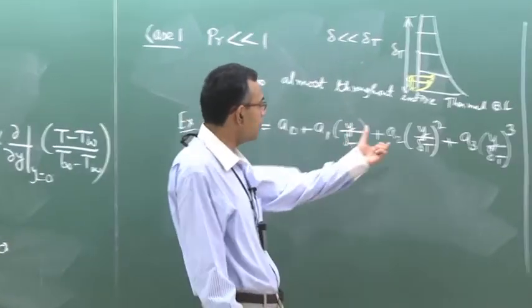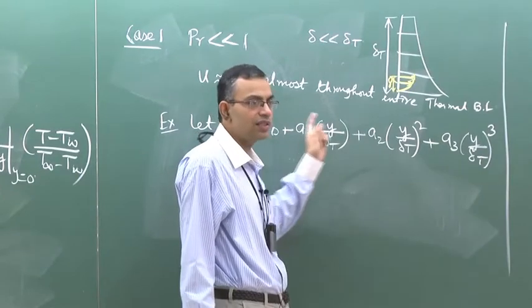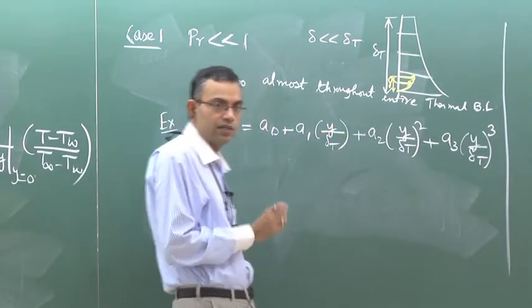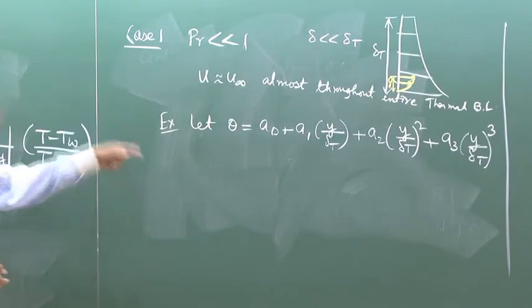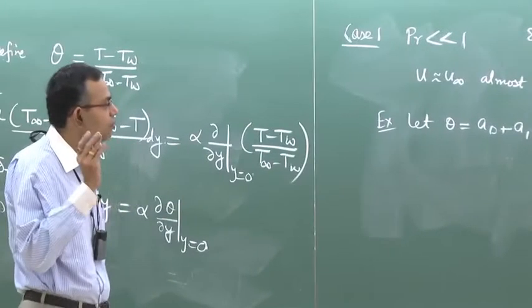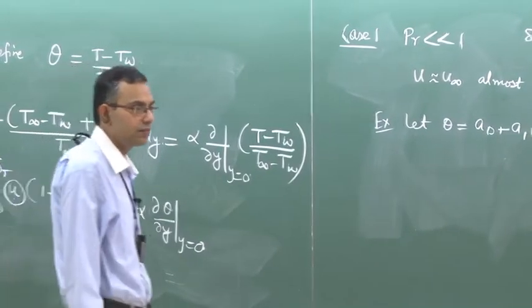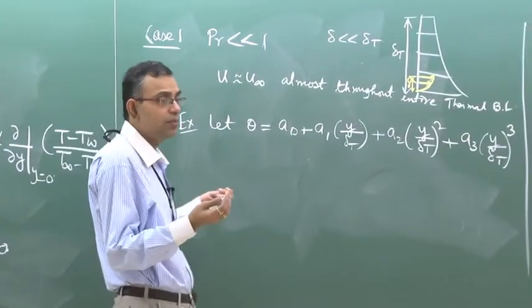You could take other profiles, but you have to find out the constants based on the essential boundary conditions. So what are the boundary conditions in terms of priority? What is the most important boundary condition, or what are the most important boundary conditions?